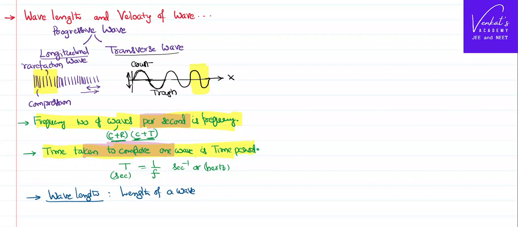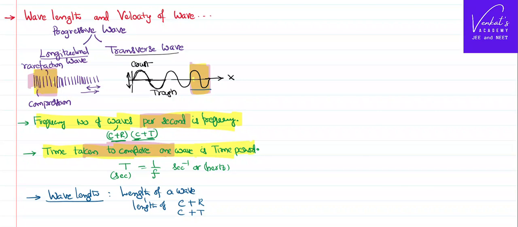As I told you earlier, one compression and one rarefaction, or one crest and one trough. So wavelength is simply the length of one compression and its immediate rarefaction, or the length of one crest and its immediate trough.